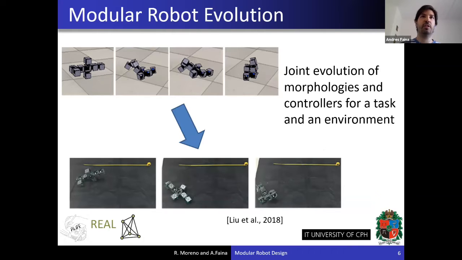This is an example of one of our previous works, where we have a task, which is locomoting on a flat terrain, and we evolve the morphology and the controller, as you can see in the top picture, and then we can take the best individual and build it quite fast in the real world, because this is made of modules and it's just attaching some modules and setting some parameters of the controller.